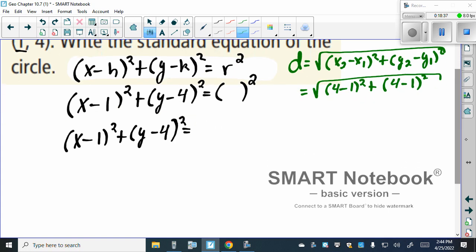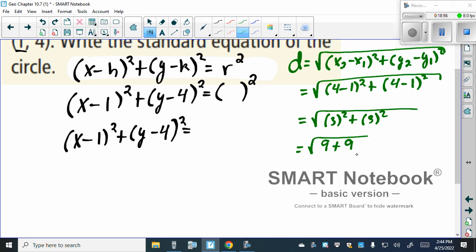And again, at this point, we can type this entire thing into the calculator. If we did this by hand, 4 minus 1 is going to be 3 squared, 4 minus 1 is going to be 3 squared. Now 3 squared is 9, and 3 squared is 9, which gives us the square root of 18, which if you plugged it into a calculator, I believe it told you that it's 3 square root of 2.